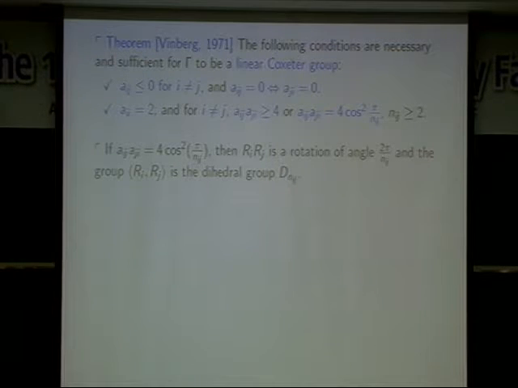If a_ij a_ji is equal to 4 times cosine square pi over n_ij, then in fact the two reflections r_i and r_j, their composition gives a rotation of angle 2 pi over n_ij. Okay? And of course the group is the dihedral group D_n_ij.